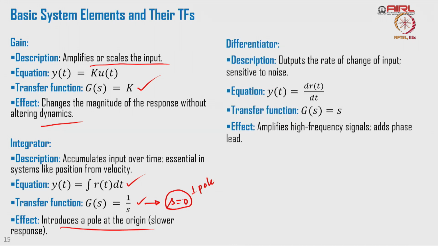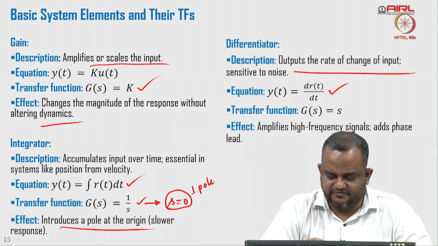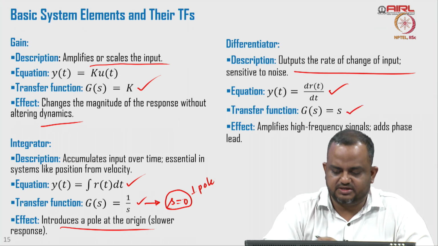Now, differentiator outputs the rate of change of the input that is sensitive to noise. That is the description. The equation is something like this, y(t) is the output and r(t) is the reference input, then the transfer function becomes something like this.